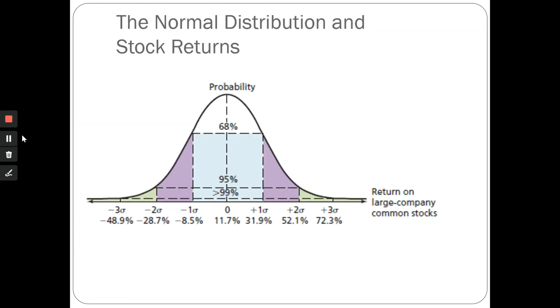So this is the normal distribution of the return of this portfolio. The mean is 11.7%.